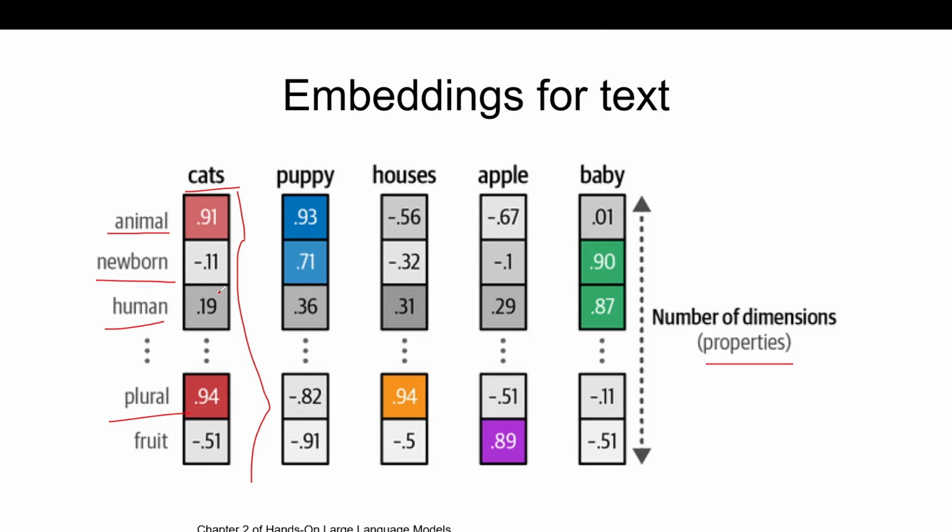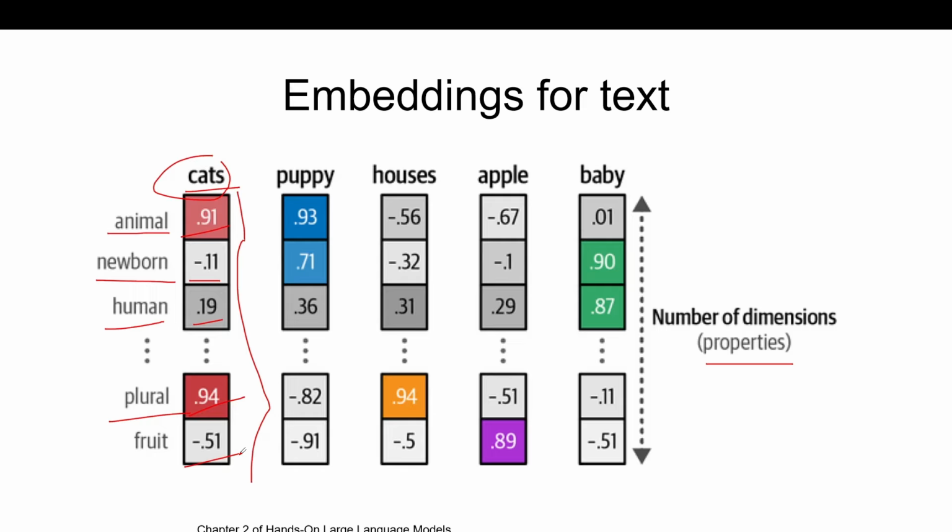So for example, if we look at cats, it's an animal, so it has a very high score in this dimension. It's not necessarily newborn, so it has a value close to zero in this dimension, and it's not human, so this score is low in this dimension. And it's plural, so it has a high score in this dimension, and it's not singular, so it has a negative score in this dimension.